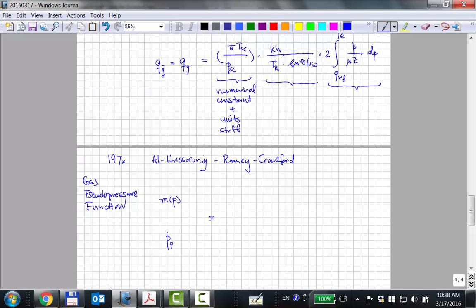And this was defined as 2 times this integral of P over mu z dP from any reference pressure. It could be 0, 1 atmosphere, whatever you want, some reference pressure, usually 1 atmosphere, to any other pressure.